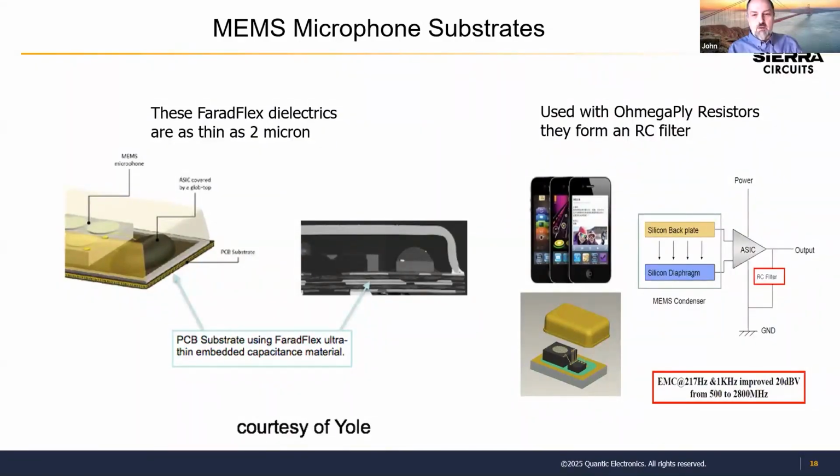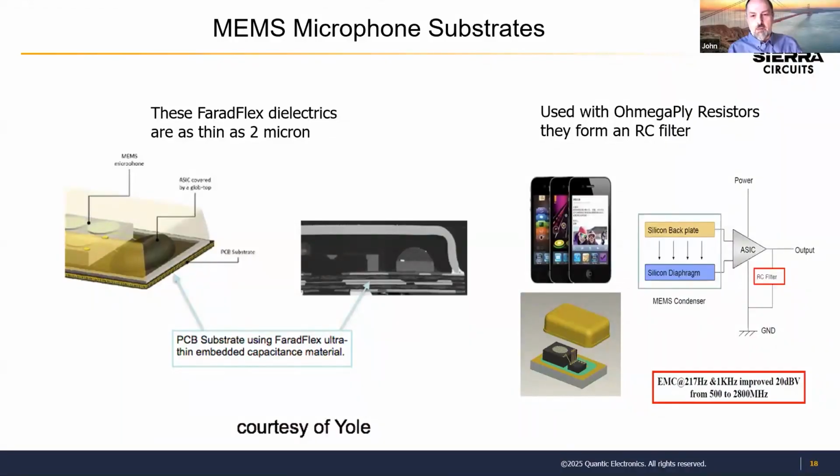There are so many frequencies going on in a cell phone these days between Bluetooth, near field, 3G, 4G, 5G, everything that's going on, there's a lot of noise around that. By putting this RC filter in the package, you can help improve the signal to noise ratio of the microphone and improve its performance.